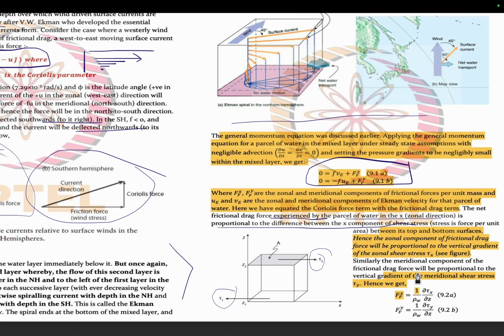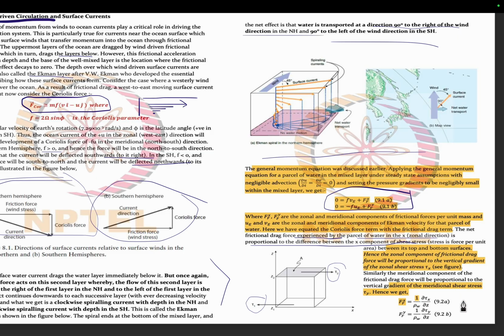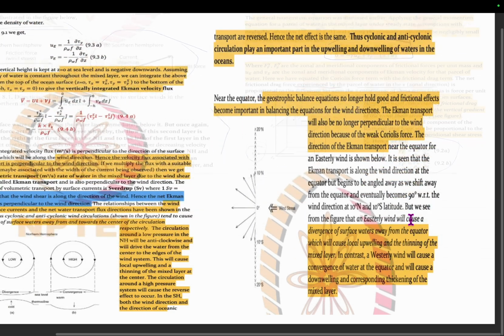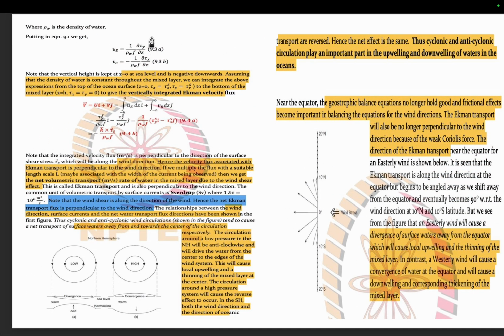Similarly, the meridional component of the frictional drag force is proportional to tau y, and these two equations can be written as 9.1a and 9.1b, and now one gets the equation of the Ekman velocity in the zonal direction and the Ekman velocity in the meridional direction. Note that the vertical height is kept with z equal to 0 at the sea level, and it is negative downward.